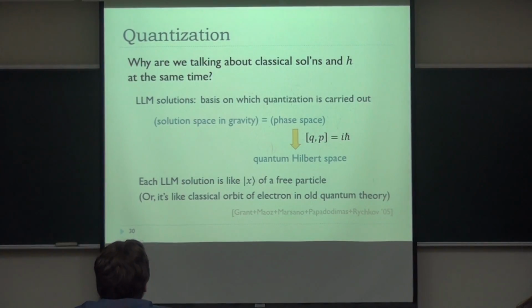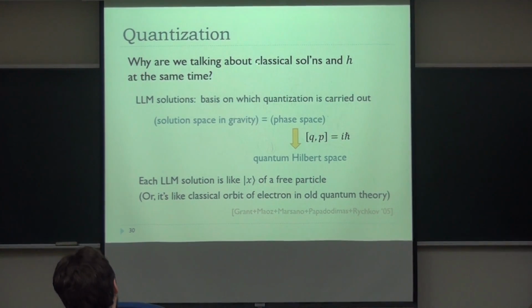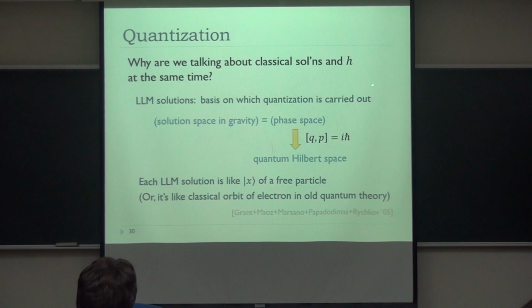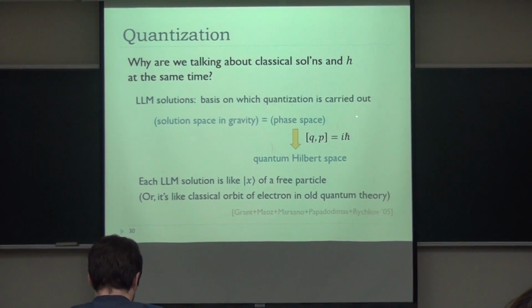But you may find it a bit weird that we are talking about classical solutions and h, the Planck constant, at the same time. But it's not so strange, because LLM solutions should be regarded as the basis on which quantization is carried out.